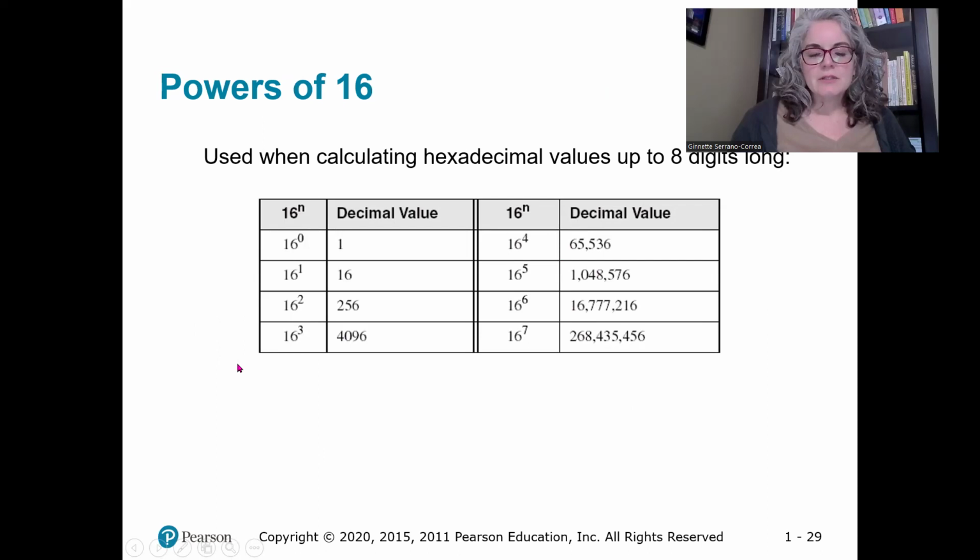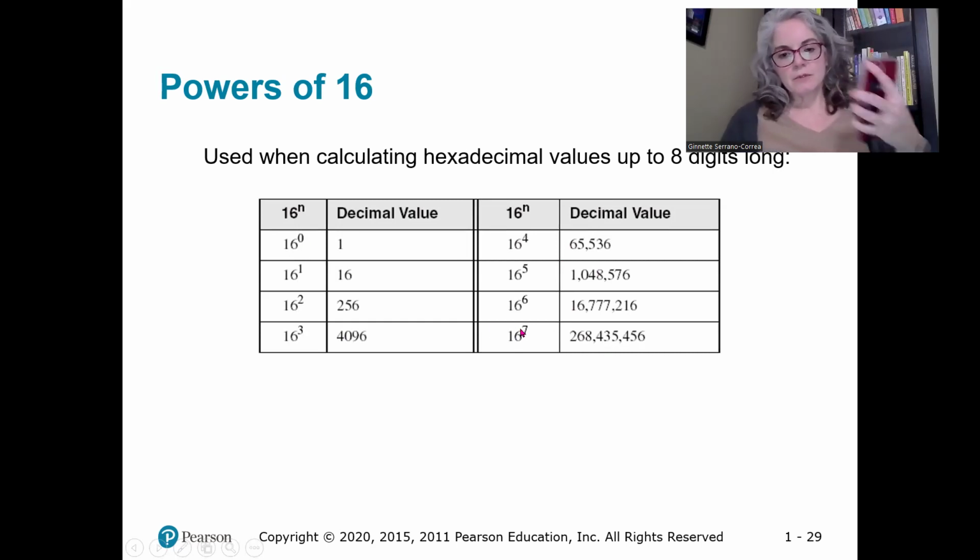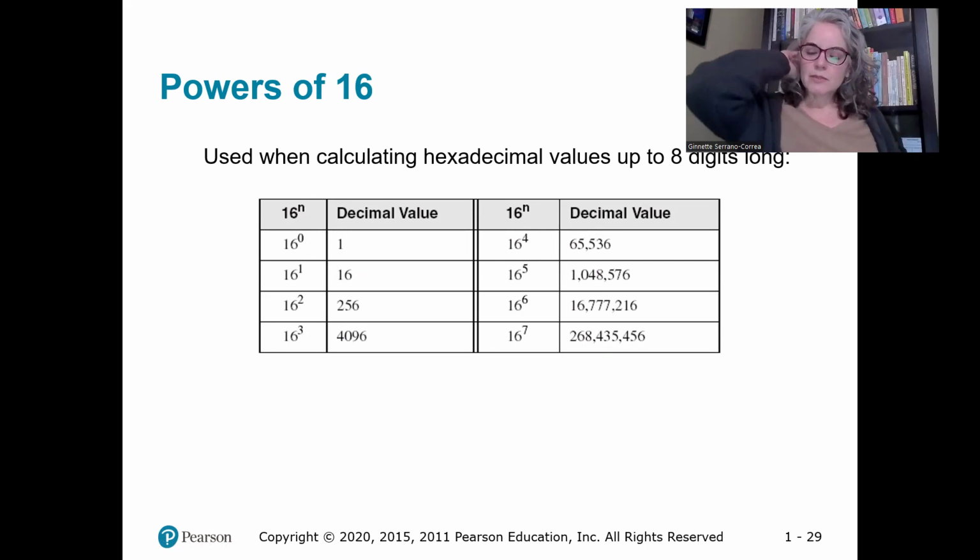This table here is just telling you what 16 to the power of 0 through 7 equals, so you don't have to do it on your calculator. If I give you a quiz or a test where I don't allow a calculator, then I will give you this table, or it's going to be simple multiplication, like maybe 16 to the power of 2. That's something that you can do on paper by hand.